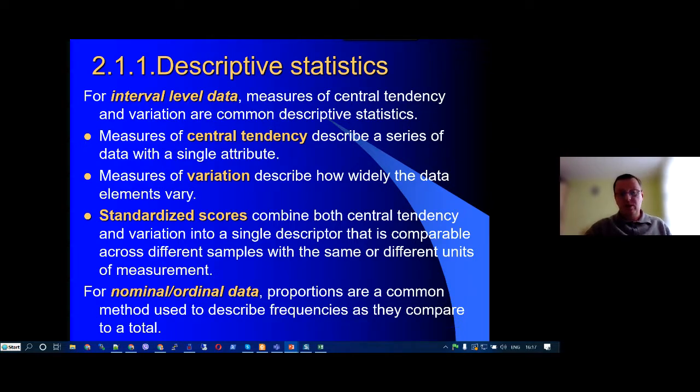Various standardized scores combine both central tendency and variation into a single description, comparable across different samples or different units of measure. A typical standardized score adds the mean with the mean error. In the case of nominal and ordinal data, proportions are common methods used to describe frequencies as they are compared to the total.